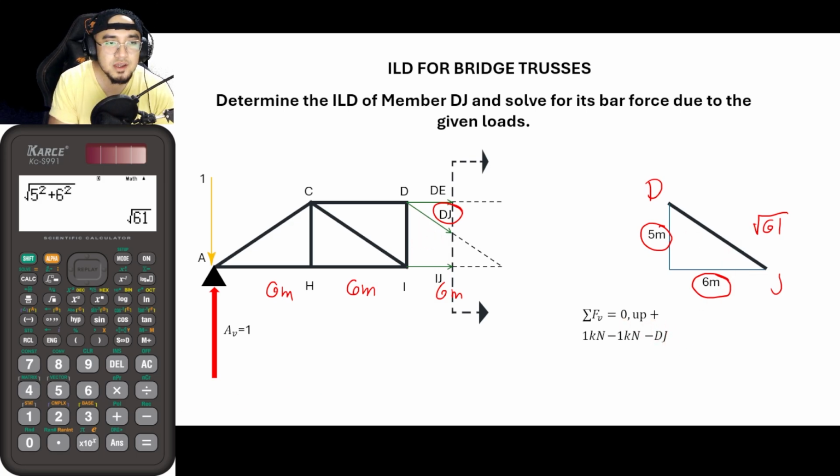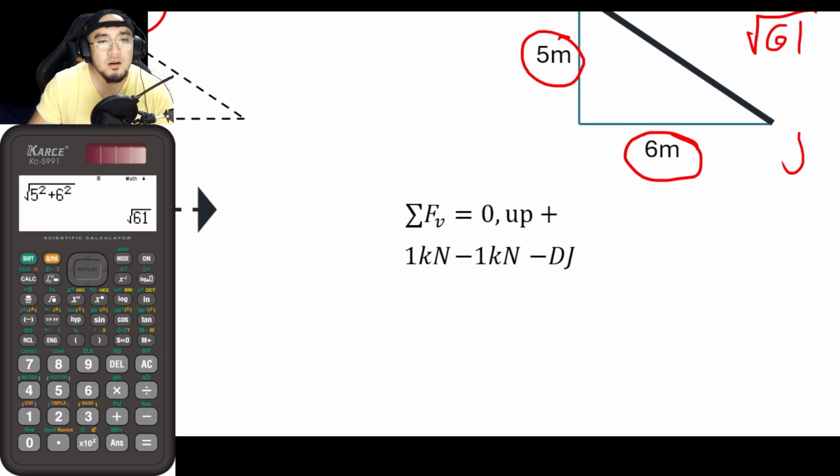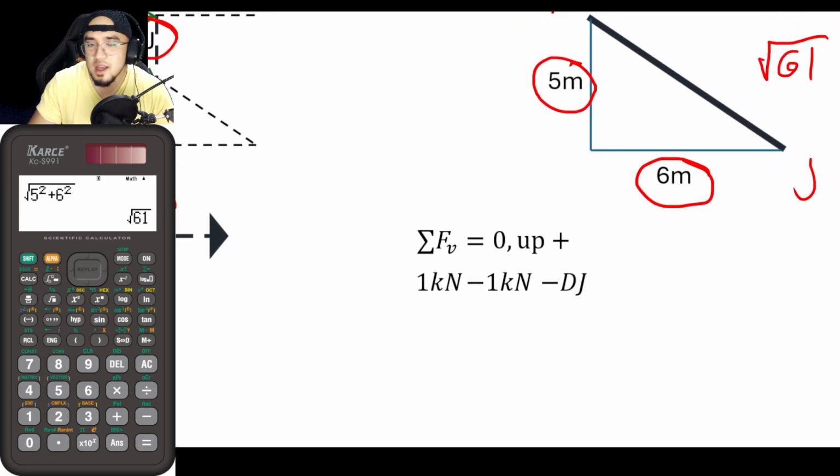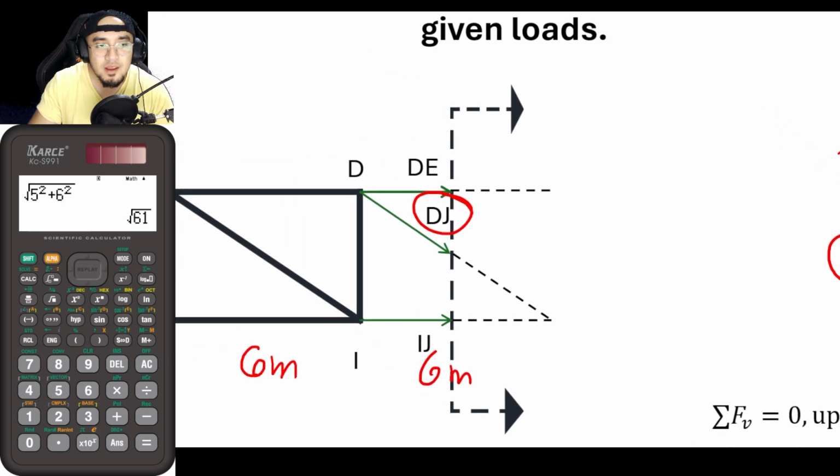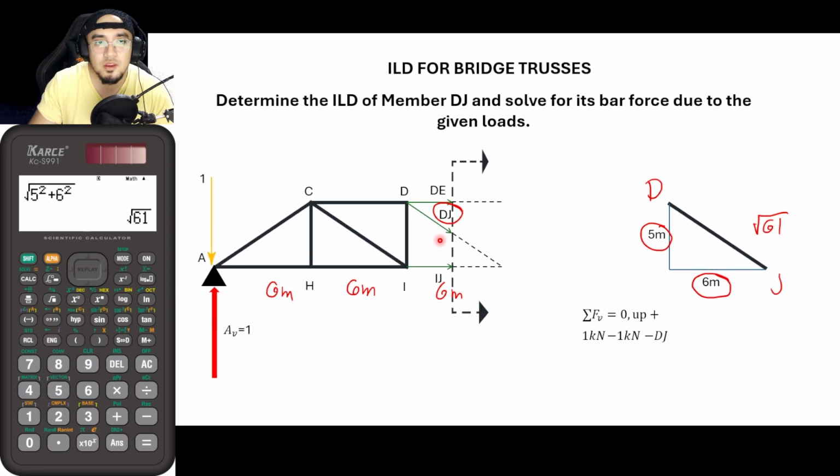But take note, guys, in this case, negative DJ here is actually incorrect, because we only need the vertical component of DJ and not DJ on its own. So via SOHCAHTOA, you could solve for the member DJ, or by ratio and proportion, you could do it this way. So DJ times the vertical component of the slope divided by the hypotenuse.